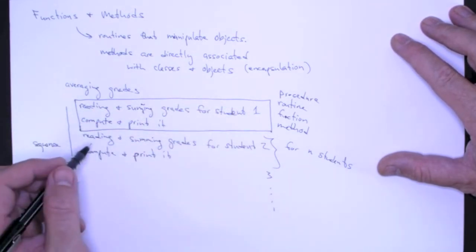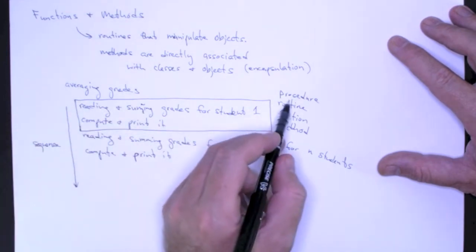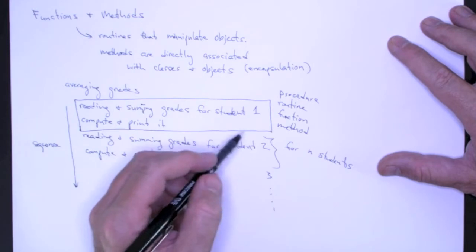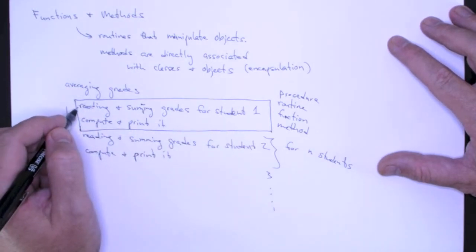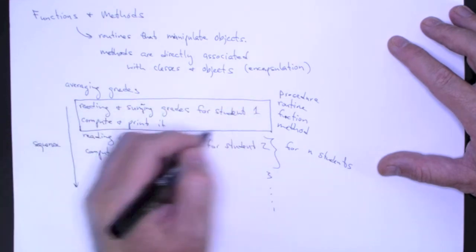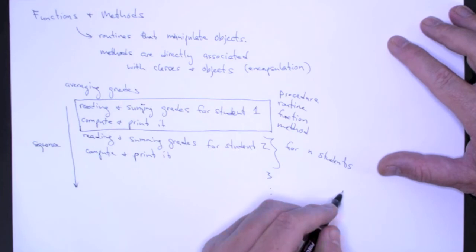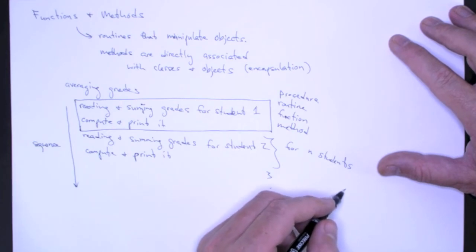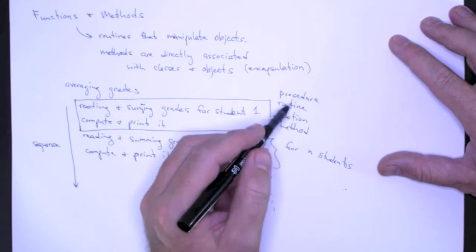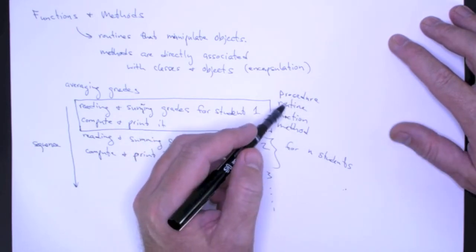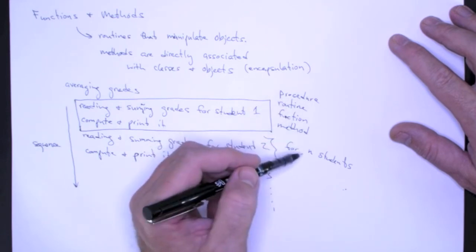And now for each student I'll simply use that procedure. The advantage is that I am writing this code only one time, but I can use it n times. And so that's another thing about putting code into some sort of a package that we can use over and over and over.